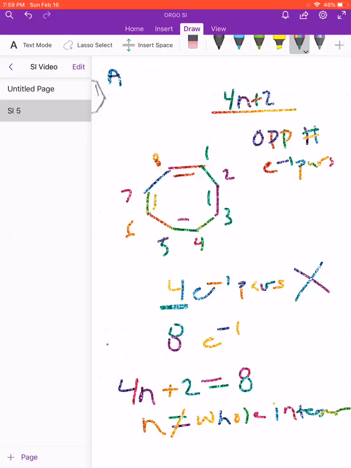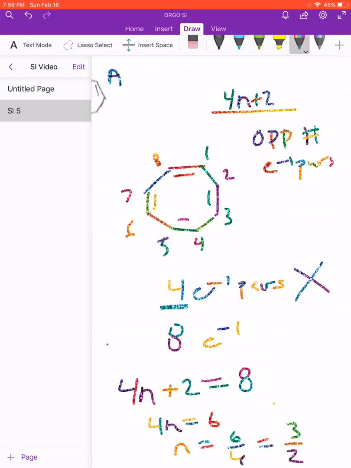If n does not equal a whole integer, then Huckel's rule is not satisfied. So we can just do the math: 4n is equal to 8 minus 2, which is 6. So n is equal to 6 over 4, n is equal to 3 over 2. 3 over 2 is not a whole integer. So Huckel's rule is not satisfied because this number of electrons does not give a whole integer number for n.